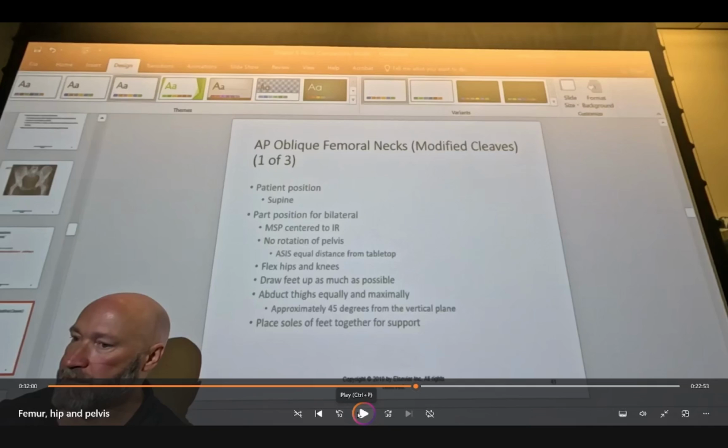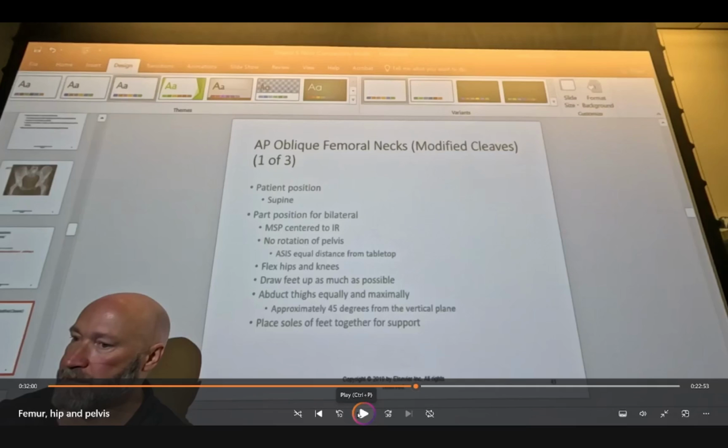So if you flip over to page 390, you see positioning for the AP of the hip. So if your order calls for a hip, not a femur, again, the top of your image receptor should be at the ASIS, and then your longitudinal line of collimation should be going straight down the length of the femur, but only 12 inches.